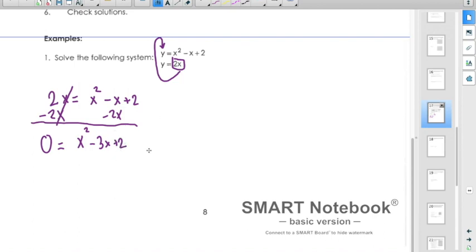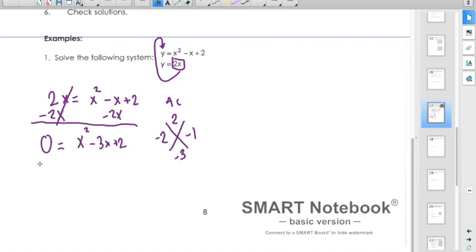And hopefully that just now is screaming to you, X box, right? What multiplies to a times c, which would be 2? But what adds to b, which is negative 3? Well, it's negative 2 and negative 1. Multiplies to 2, adds to negative 3.